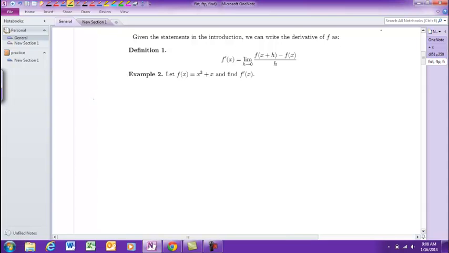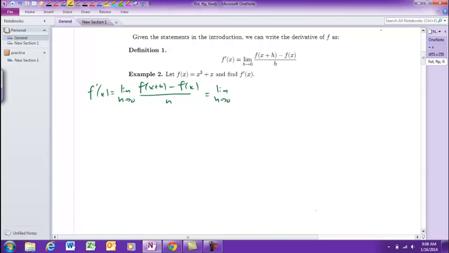So example 2, we're going to calculate f prime of x, and that's the limit as h goes to 0 of f of x plus h minus f of x divided by h, just like I have here. My function f of x is x cubed plus x.